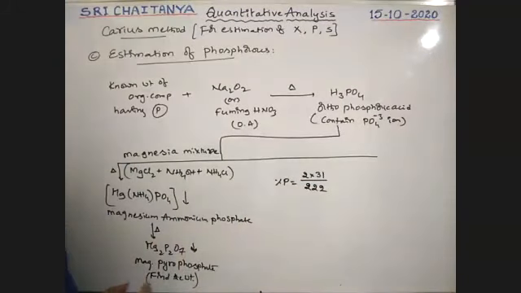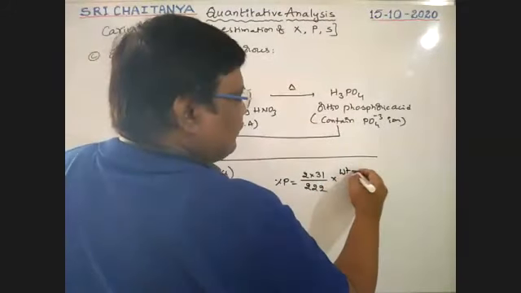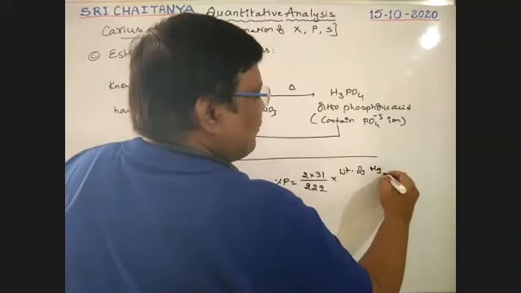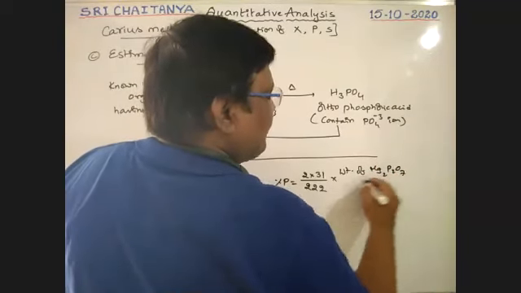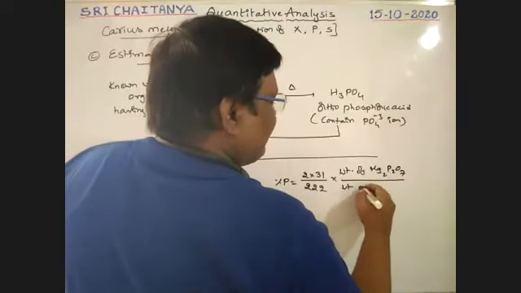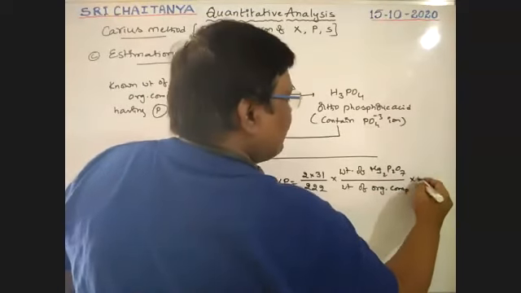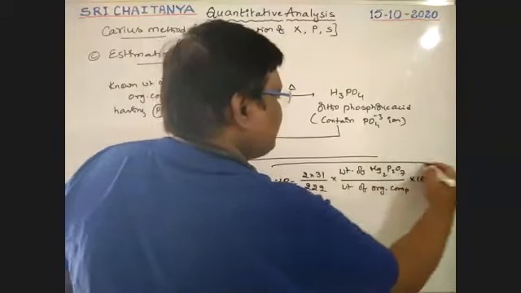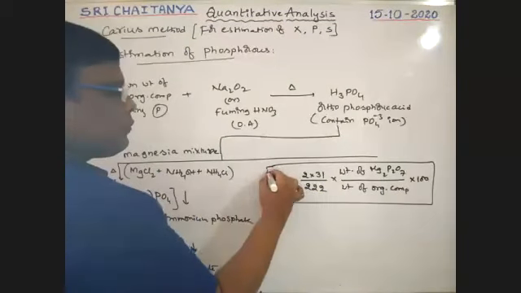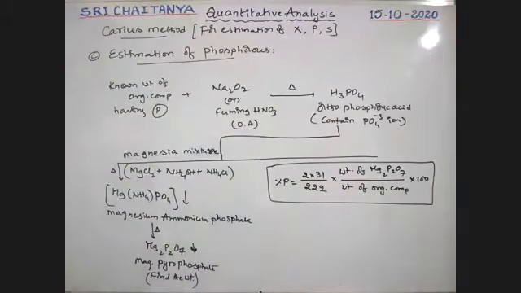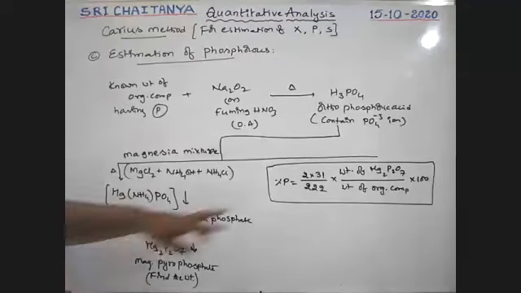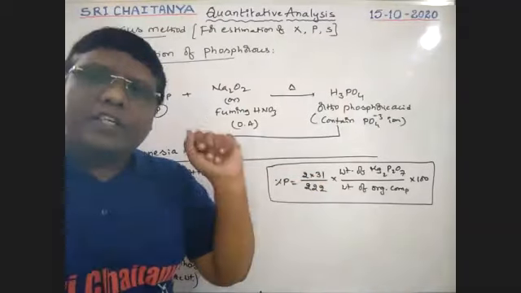That is the molecular weight. So 2 into 31 by 222 into weight of magnesium pyrophosphate by weight of organic compound into 100. By using this formula, you should calculate the percentage.